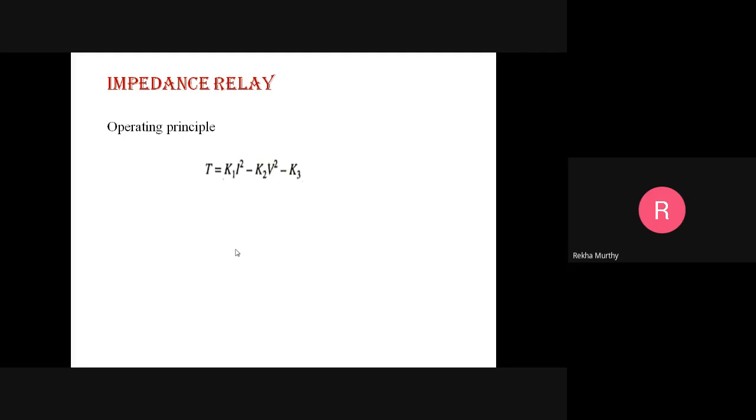This equation we had already seen in one of the modules, so we have already proved it.